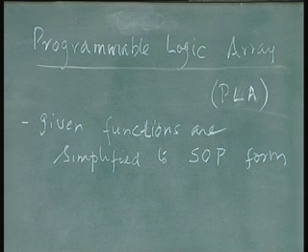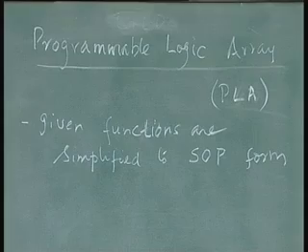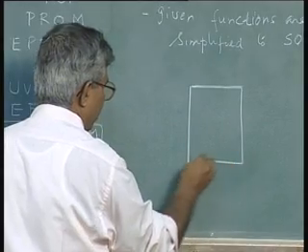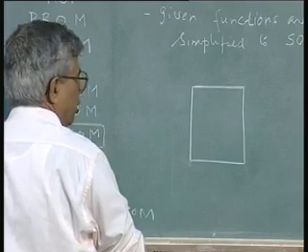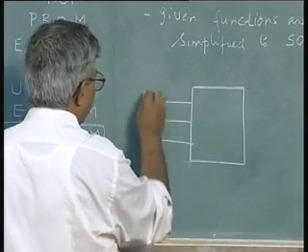Sum of product is where you have a few product terms whose sum will be the output. In doing so, I am going to generate a few product terms. So this will be the configuration of the programmable logic array. I will have inputs, I will call them A, B, C.